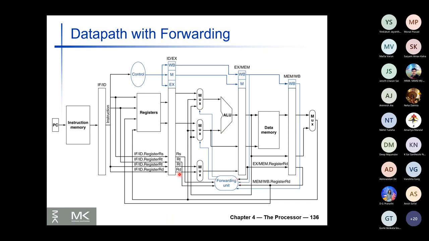So the forwarding unit takes information from these latches regarding the source and destination registers, makes a comparison, and depending on the result of the comparison, it enables this multiplexer so that the appropriate data path is set. Of course, there are many other details inside the forwarding unit, but we may not have that much time to discuss all these details.